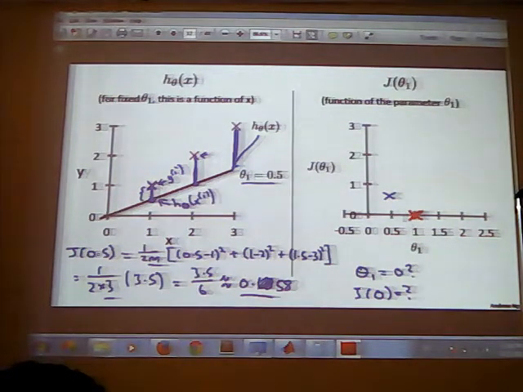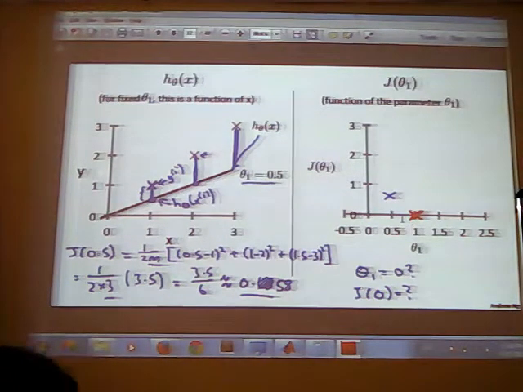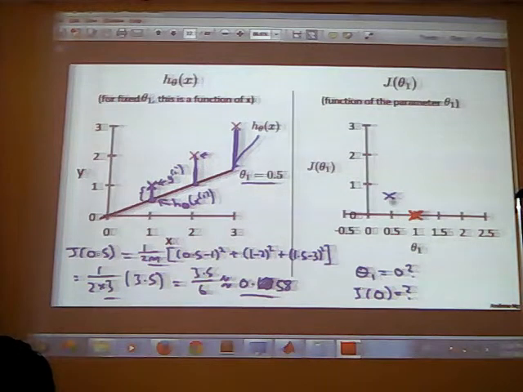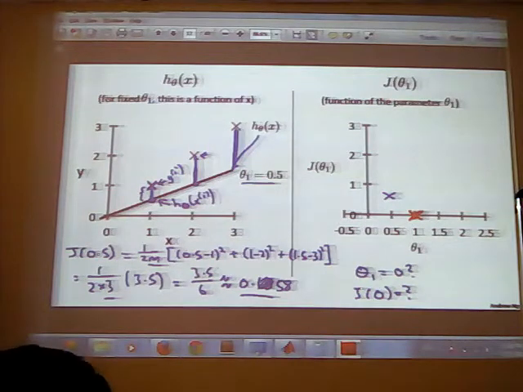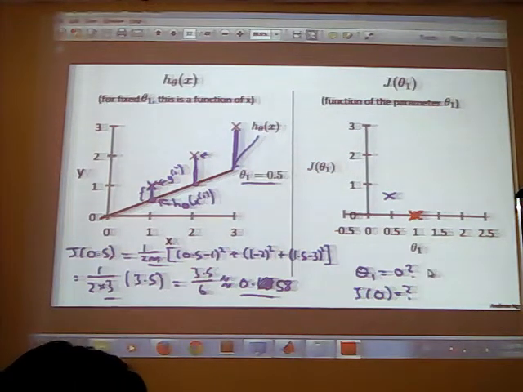So let's move on. Likewise, if we try to fit some more lines to our given data set, we will have different values of theta, and different values of j of theta according to the value of theta. If we plot j of theta for these different values of theta, we will obtain a figure like this.